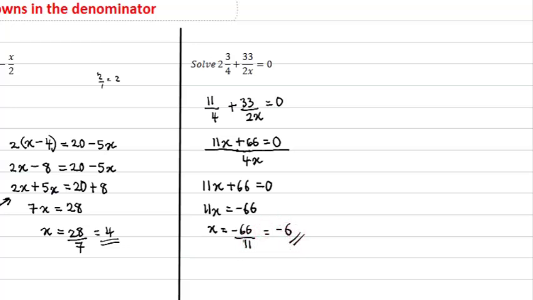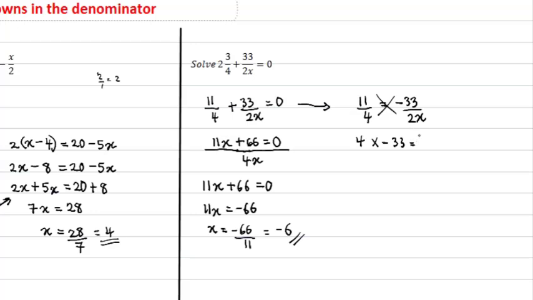Okay, so if you want to use another method from this place now, you can say okay, 11 over 4, let's move this one to the other side. It's going to be minus 33 over 2x. So let's cross multiply. So it's going to be 4 times minus 33 equal to 11 times 2x.